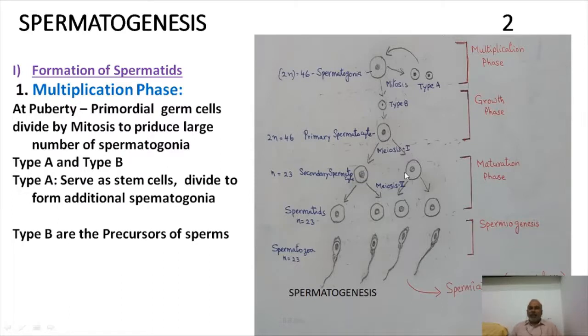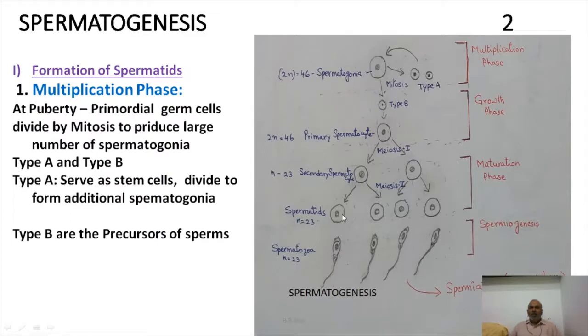The secondary spermatocytes now undergo meiosis 2, which is like a mitosis. As a result, each secondary spermatocyte forms 2 spermatids. In total, as there are 2 secondary spermatocytes from one primary spermatocyte, 4 spermatids are formed from one primary spermatocyte.